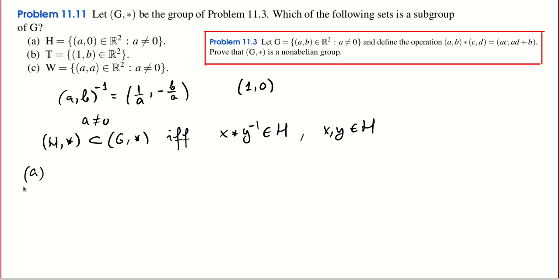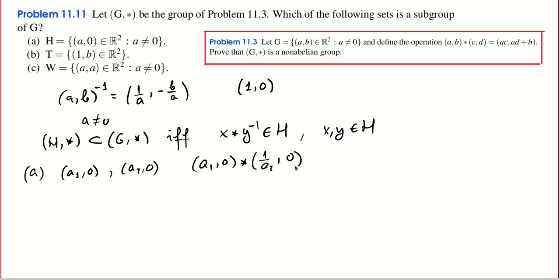Okay, these are just the elements of this set in which the second component is 0, right? Okay, let's take (a1, 0), that would be our x here, and another one, which is our y, and is (a2, 0). And let's multiply x by the inverse of the other. So the inverse, well, this is x, so (a1, 0) times, and now we have to write the inverse of this. The inverse of this is (1/a2, 0).